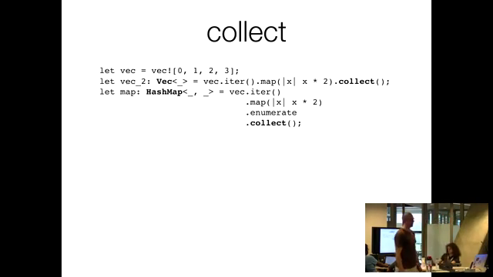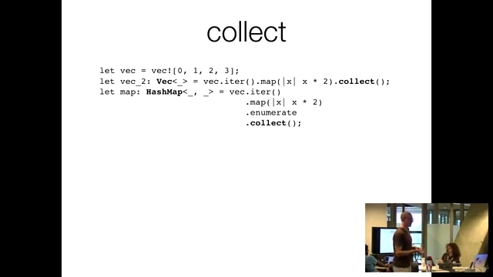Okay, finally, the collect method. We've gone from a collection, like a vector, into an iterator, but often you want to go back. You've done your iteration, you want to collect back down into a collection. So in the first example here, we're going to get our iterator, we're going to run map, we've seen map just now, and then we're going to get a new vector, which is all the results that we've got.